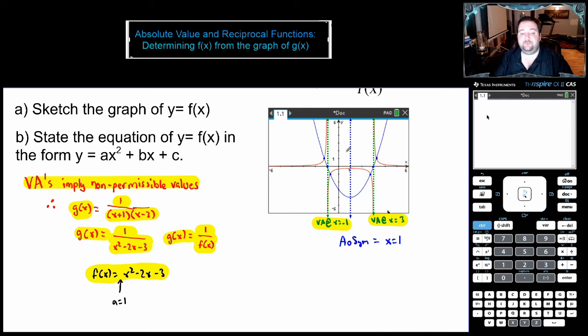Well, if I am to consider that this may be true, my a value might actually be 1, what happens when I plug in an x value of 1? Let's do it. So we would have y equals 1 squared minus 2 times 1 minus 3, which would mean y equals 1 minus 2 minus 3, which means y would equal -4.